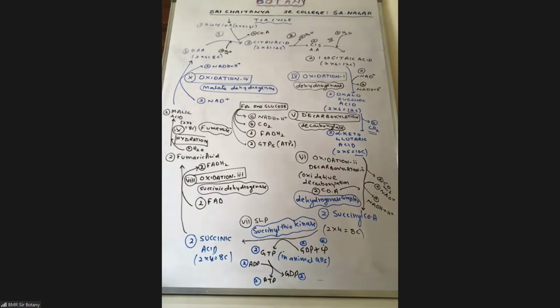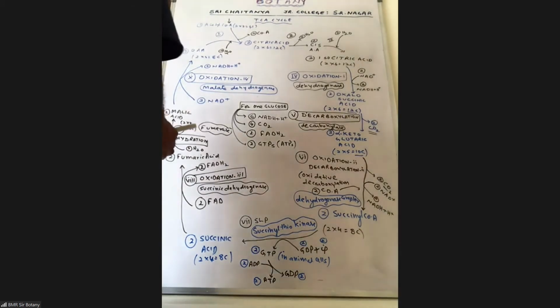For 1 glucose by TCA cycle, that is important. By TCA.